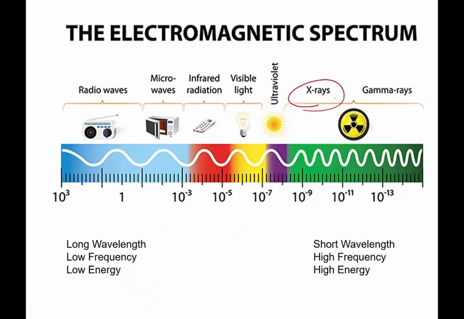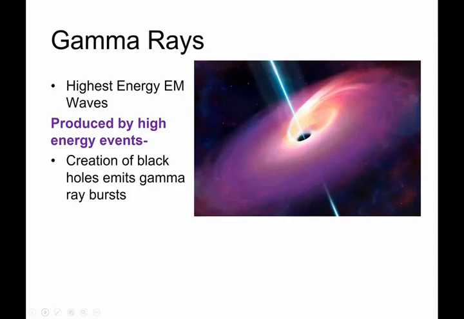Now, we've looked at X-ray. The only thing that's left is gamma rays, so still higher energy. Gamma radiation is the highest form of electromagnetic waves, and it's produced by the most high energy types of events. Well, some of the most high energy types of events in space are the creation of black holes. And we now know that whenever a black hole is created, it emits something that is referred to as a gamma ray burst.